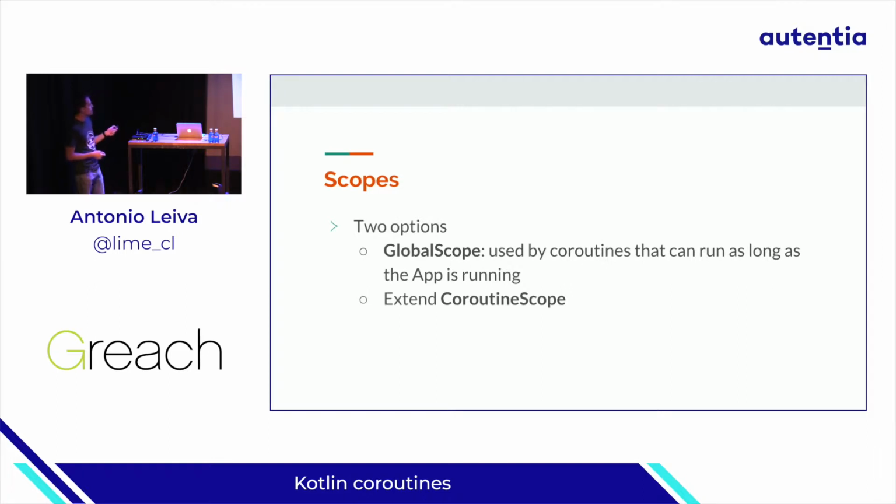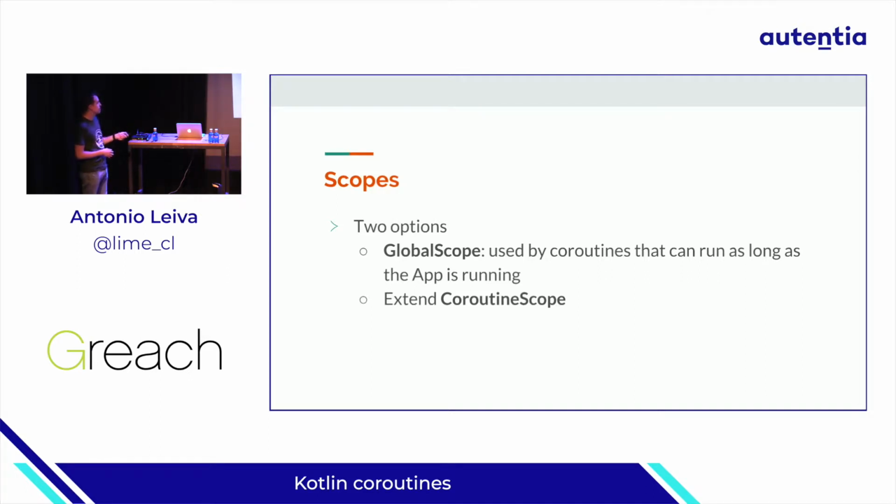We have 2 options for scopes. The first one is the one that we already use. That is the global scope. This is used by the coroutines that can run as long as our application is running. So it would be a bad idea to use it in places like the activity that I mentioned before, because this global scope is never finished, only obviously when the whole app is destroyed.